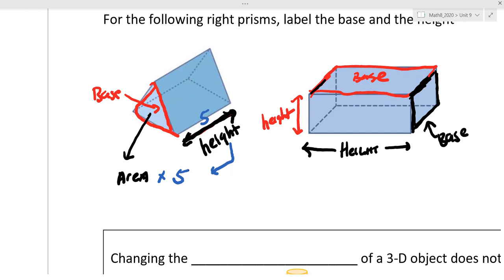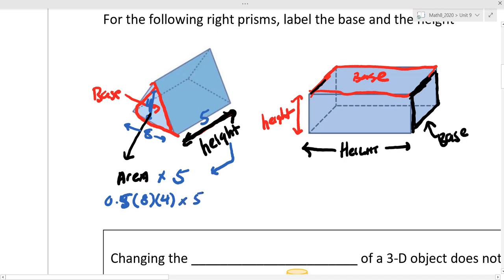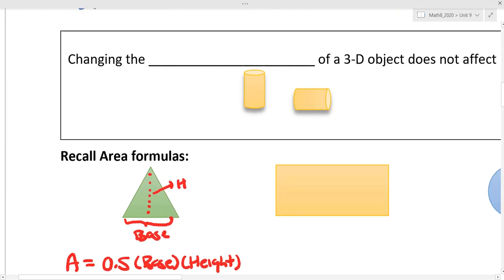It's 0.5 times base times height. So if this was, say, 8 over here, and this was 4 going in this direction, the height would be 0.5 times the base, which is 8, times the height for that rectangle, which is 4. Now times 5 there, okay? And we'll do some examples of this, so don't worry about it, we'll calculate it out, all right?